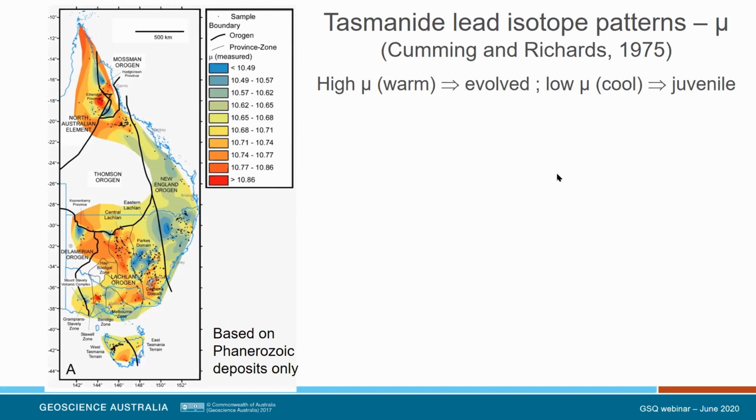And the high mu, i.e., those associated with more crustal type rocks, has the reddish or the warm colors, whereas the low mu, which are associated with more juvenile type rocks or lead, is with the blues and the greens. And you can see there's some patterns in that data across the entire east coast of Australia.